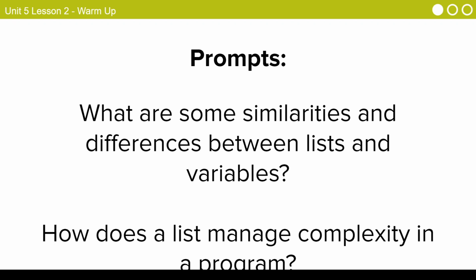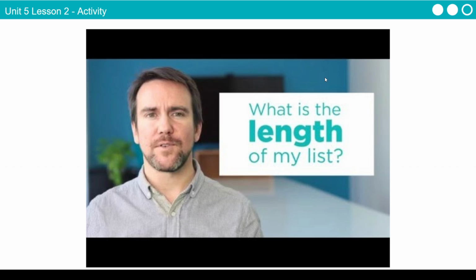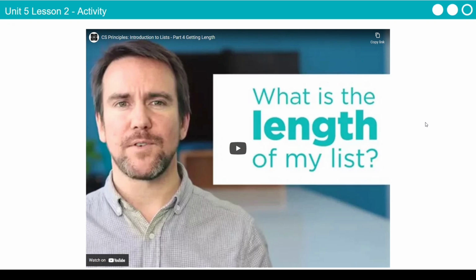So that's how lists really allow us to manage complexity of the program. They kind of set us up to scale if we need to. So what we're going to talk about is length first. And so we got a video here, so Brendan is going to take it away.